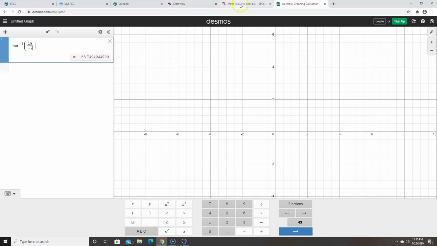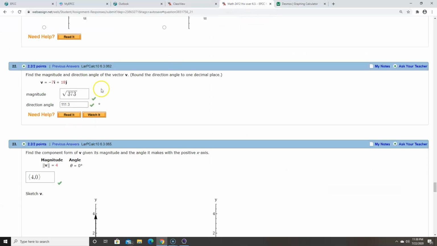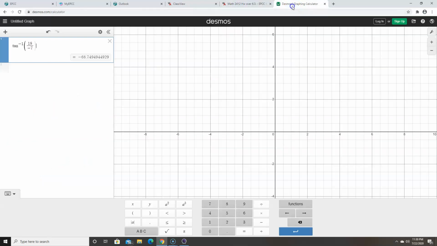Let's see, what do they want us to round it to? 1 decimal place. Negative 68.7 degrees.